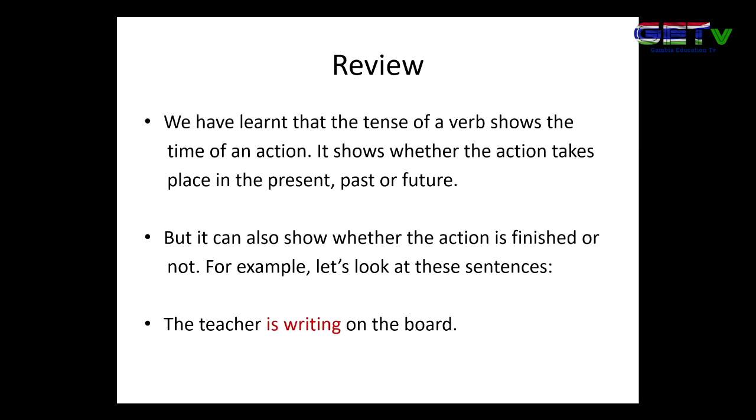When we talk about an action that happens every day, or that happens in the present, we call that present tense of the verb. When a verb expresses action and the action happened in the past, we call it the past tense of the verb.